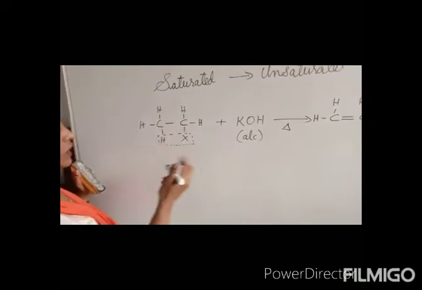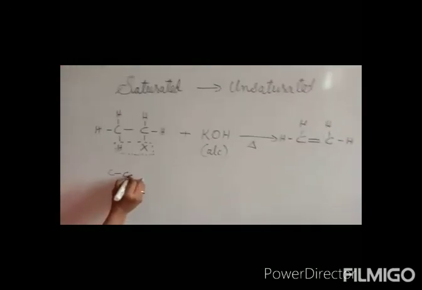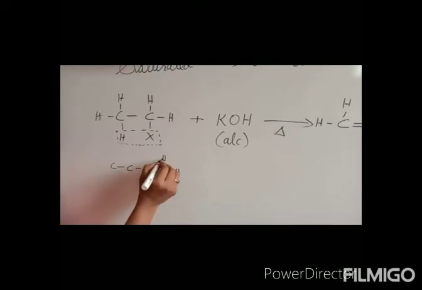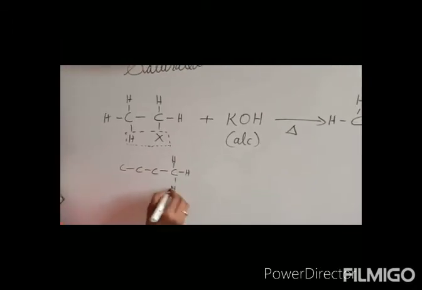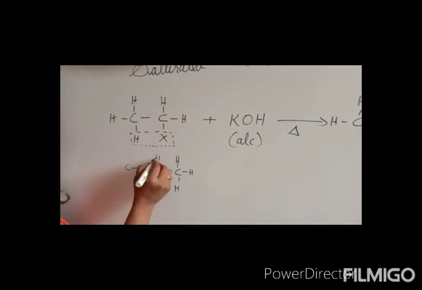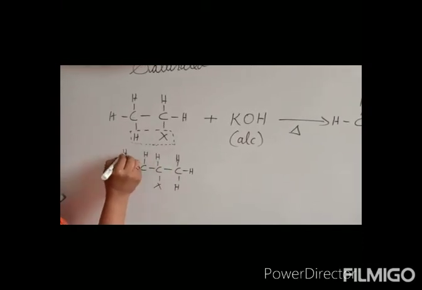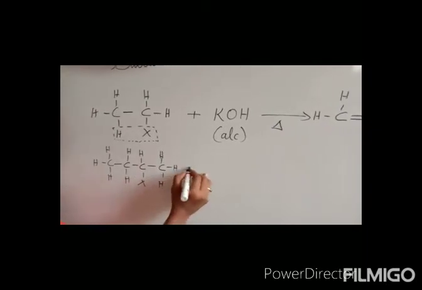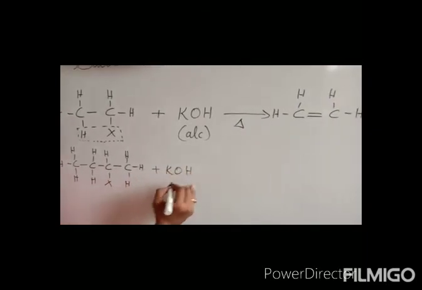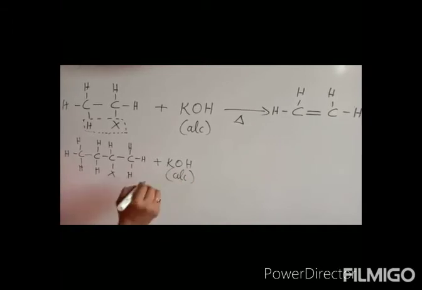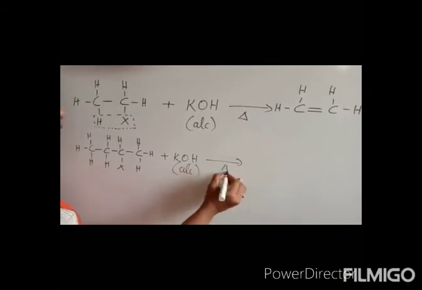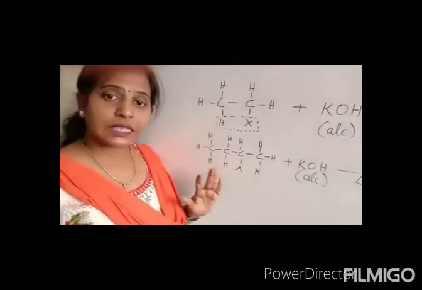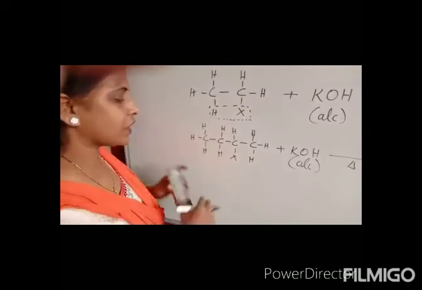Now this was a very simple alkyl halide. Let us go for the higher group. In this example, I have an option. What kind of option am I talking about? The conditions will remain the same. I am doing the same reaction, that is dehydrohalogenation reaction.